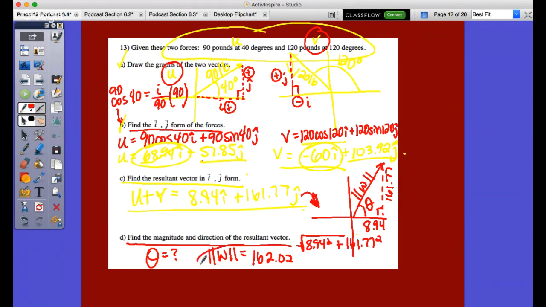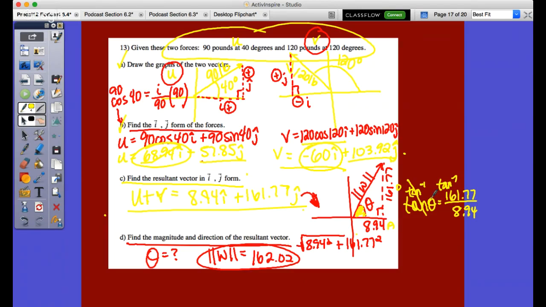Okay, here we are. And then to find the theta, the direction angle, what I would do is just come back and say, okay, I've got my opposite and my adjacent. I know tangent of my angle is equal to opposite over adjacent. Well, how do I get just theta by itself? I can then do the tan inverse. You could probably skip this step too if you kind of see it.